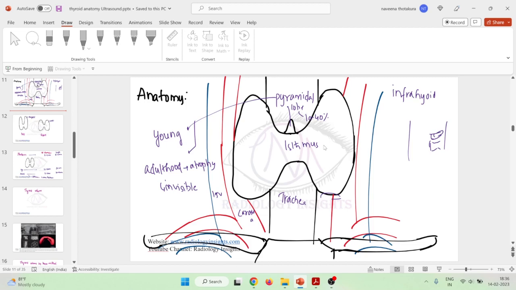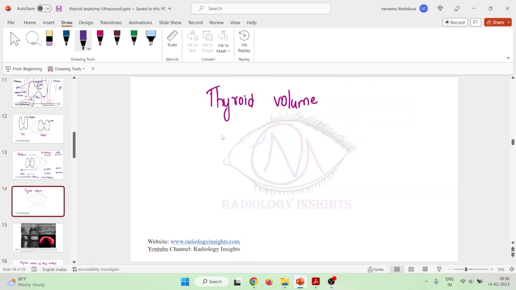So measurement of the thyroid gland is very important, because thyroid volume measurement is especially useful in cases of goiter, where the thyroid gland becomes enlarged in size. So determination of thyroid volume is very, very important.